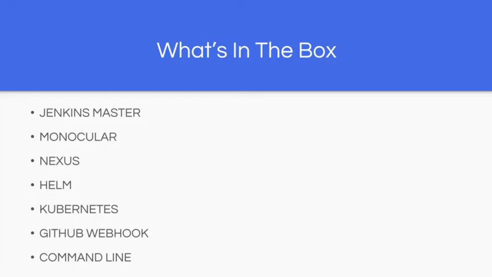So as we do builds, it's going to version our artifacts and put them in the right places. And then it's going to use Helm to deploy the containers into the appropriate pods on the cluster. And then we're going to have GitHub hooks, webhooks, and command line actions as well. And this is all built in the minute you create the cluster.